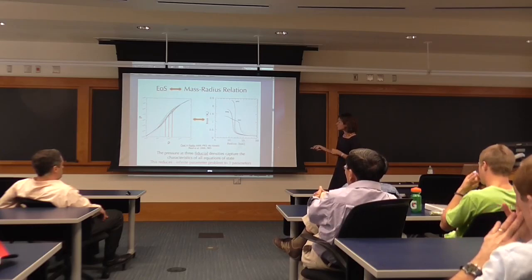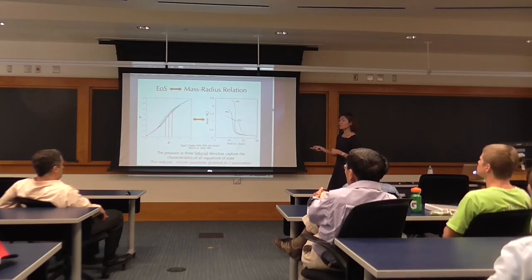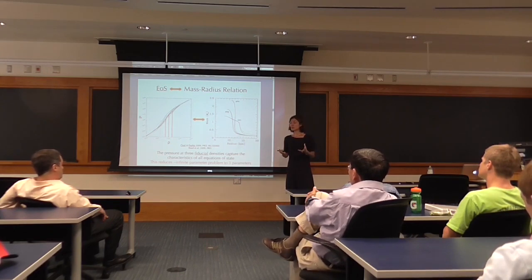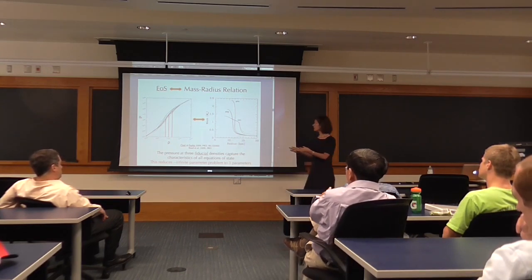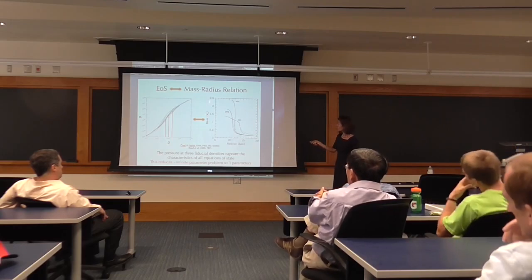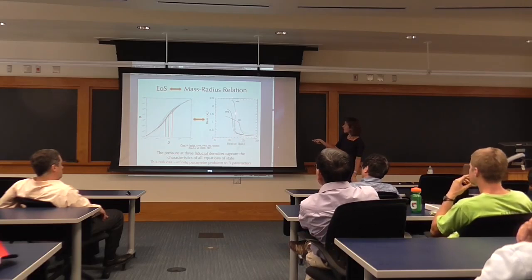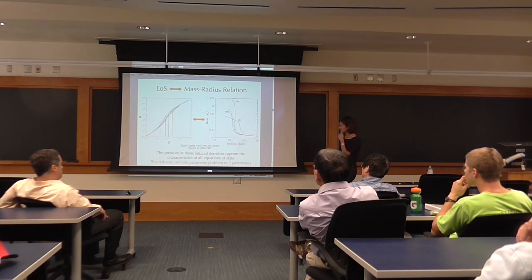Now, for each one of these curves, by solving the Tolman-Oppenheimer-Volkoff equations, the neutron star structure equations, you can produce a mass-radius relation. So they look something like that. You put the mass on the y-axis, radius here, and you have, for each one of those curves, a mass-radius relation here.